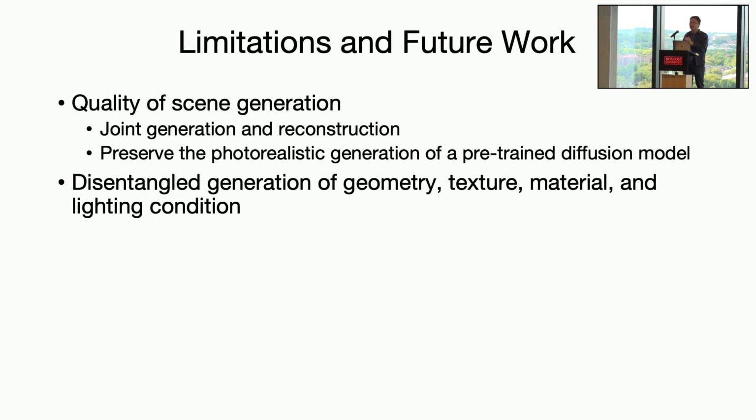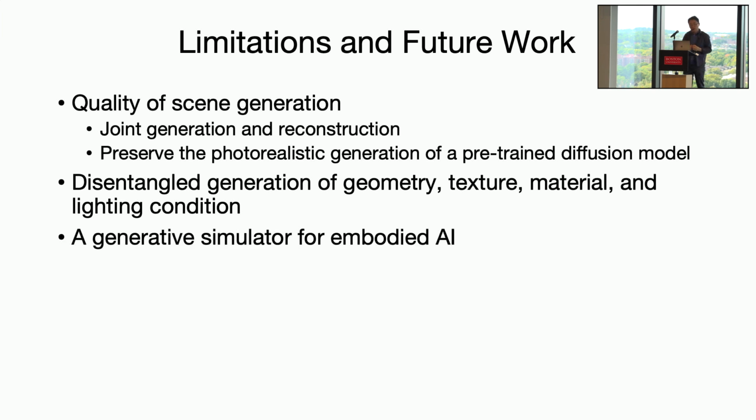But later you can imagine, with this generated environment, what if I want to insert a lamp over there? What does the scene look like? So we need some kind of disentanglement. Or more ambitiously, how can we develop a generative simulator to help the development of embodied AI, to have a co-evolving simulator and embodied agent?